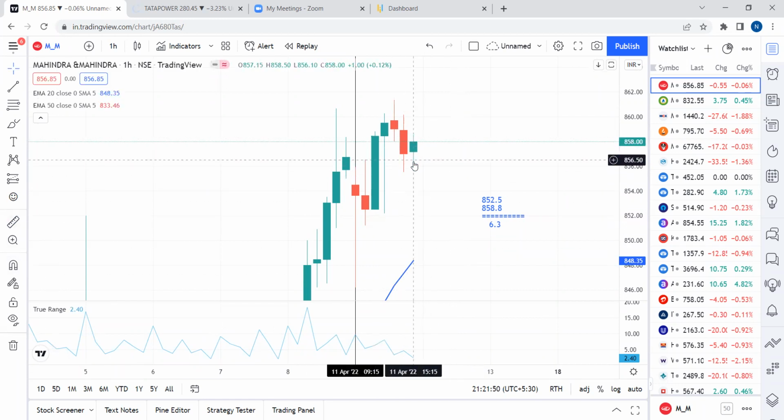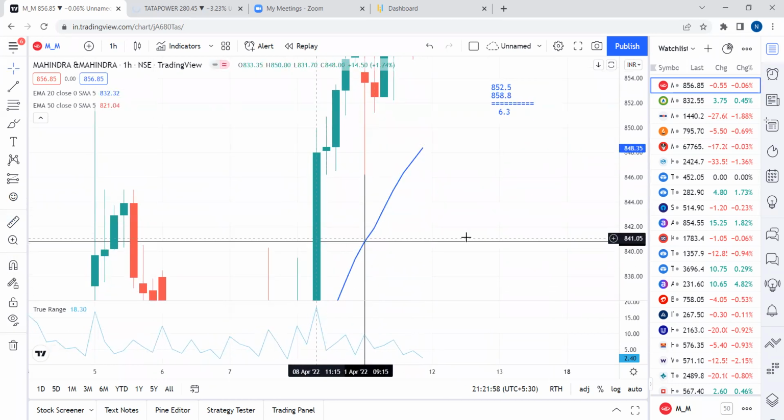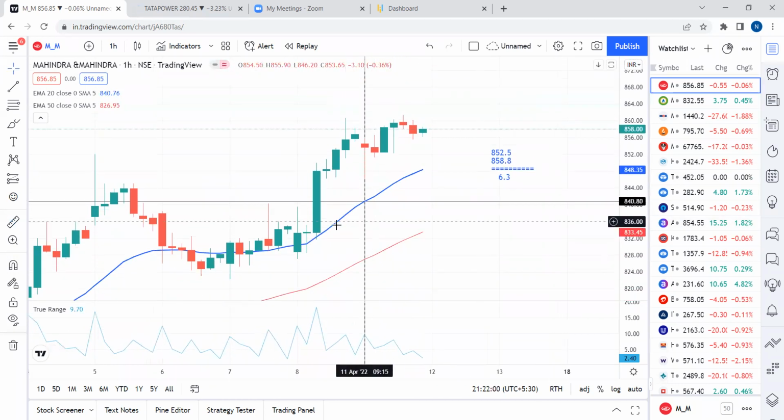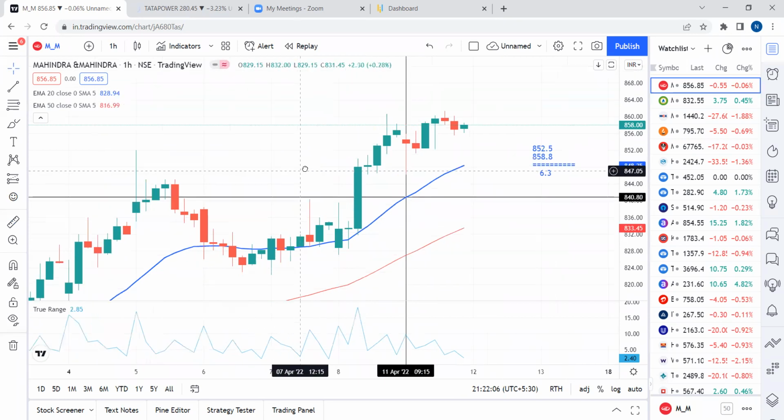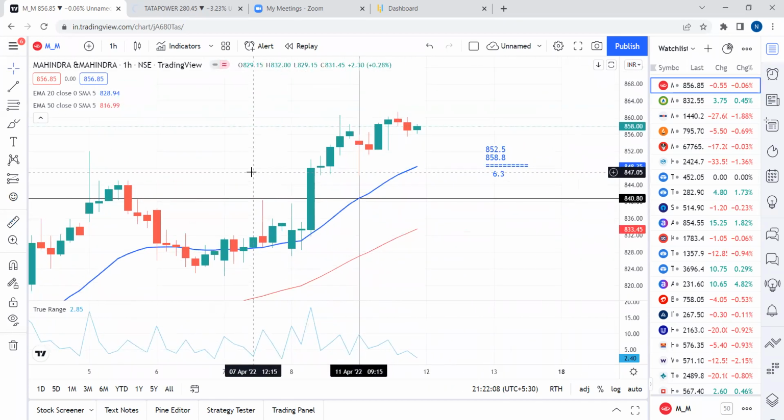So the end-to-end length or size of the candle is nothing but 2.4. Now, what is this? 4.65. This is 3 point. Now, let's check the bigger one. What is this? 18 point. It is such a big candle, from this tip to this tip, 18 point. Okay, this is the true range.